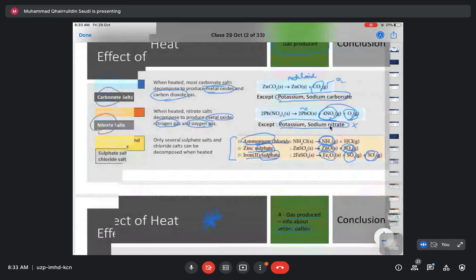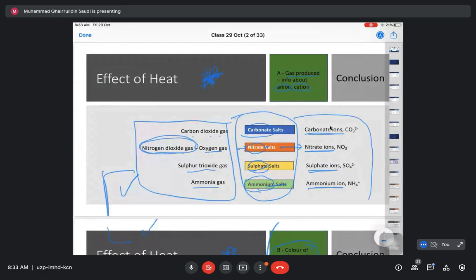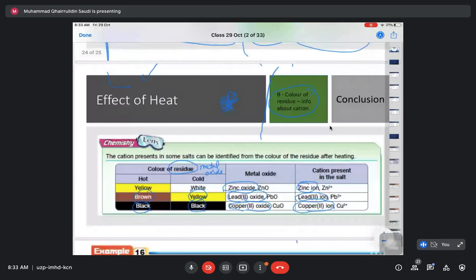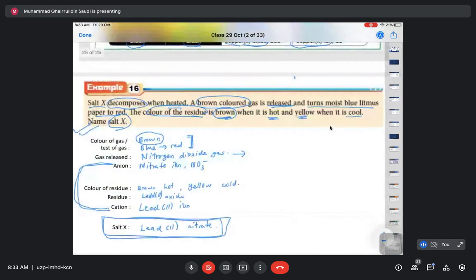What is the gas produced? What is the salt? And what is the anion or cation from the salt? The third part that is important is the colour of the residue or the colour of the metal oxide. Kalau colour ni apa? So what is the cation? Barulah awak boleh jawab soalan macam dalam example 16 ini. Okay? Boleh faham?